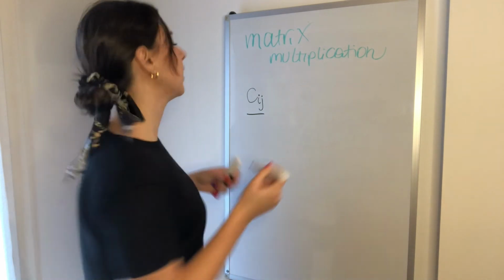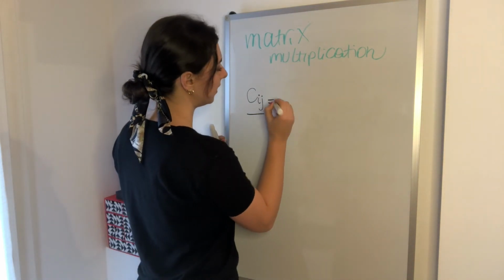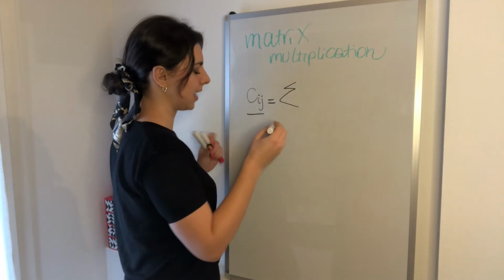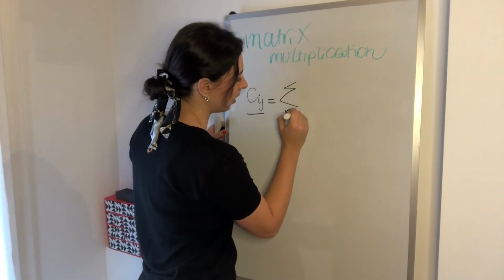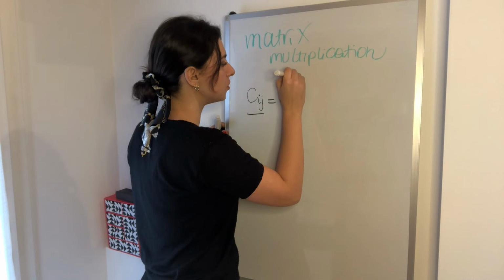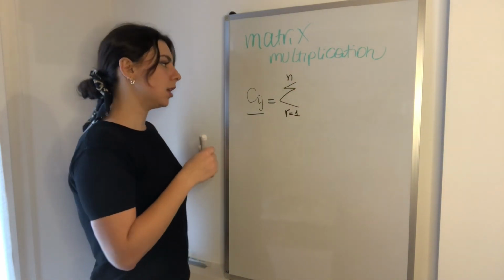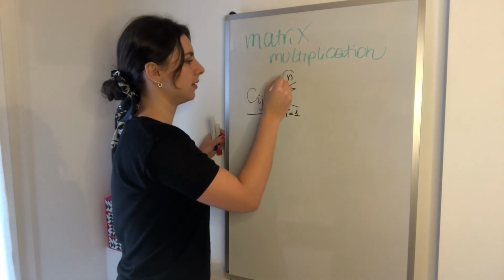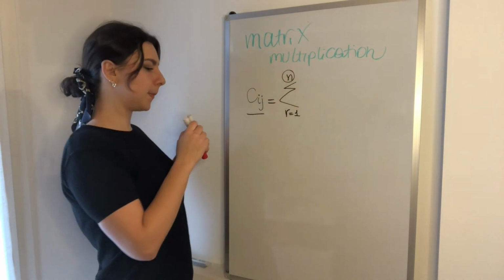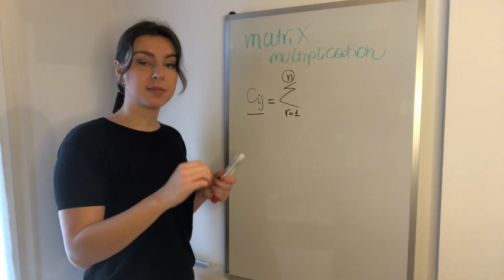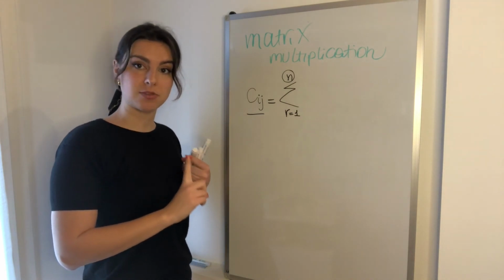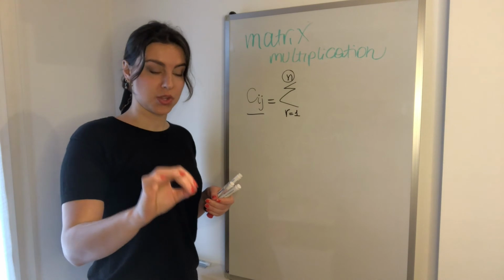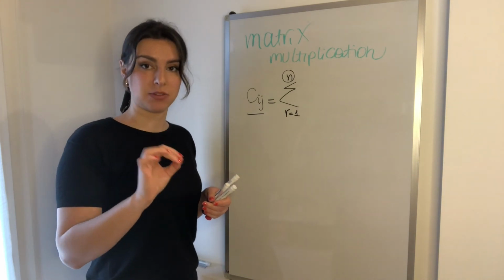In this case we have the summation that goes from r equal to 1 to n. n is the number of columns of the first matrix and the number of rows of the second matrix.